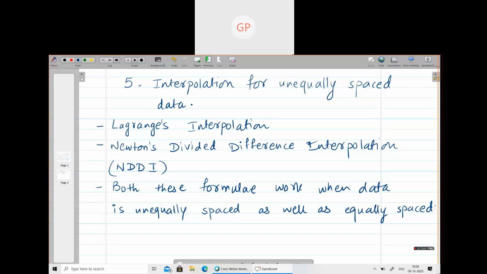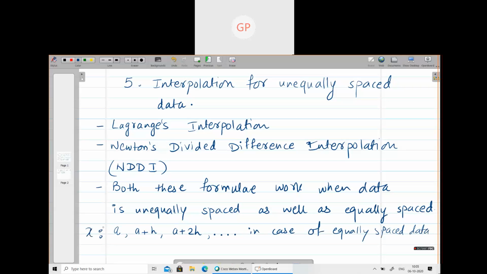So you remember we had values of this type. The x values were a plus h, a plus 2h in case of equally spaced data, right? Yes, ma'am.